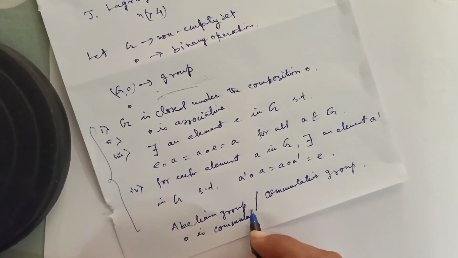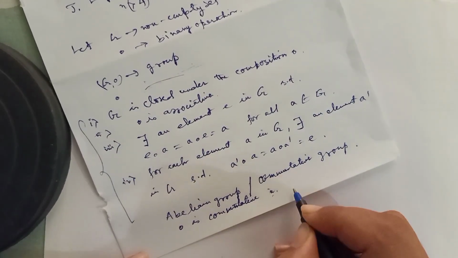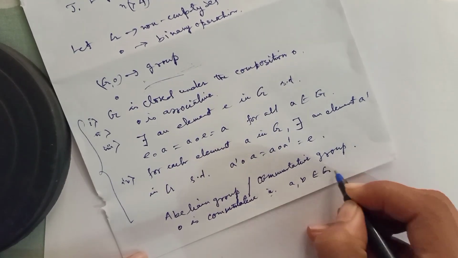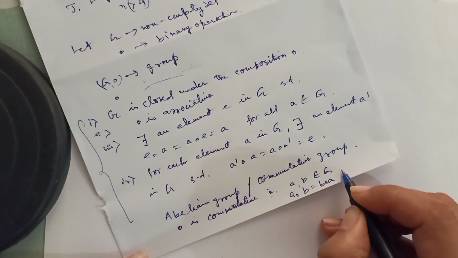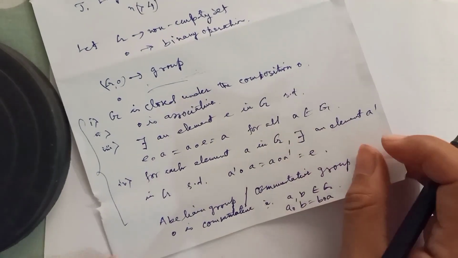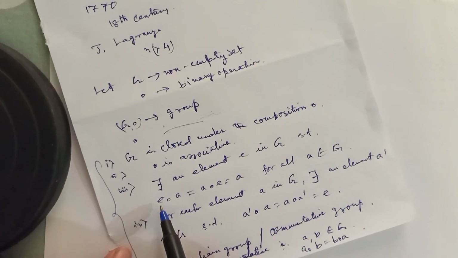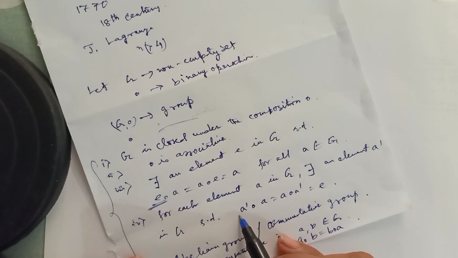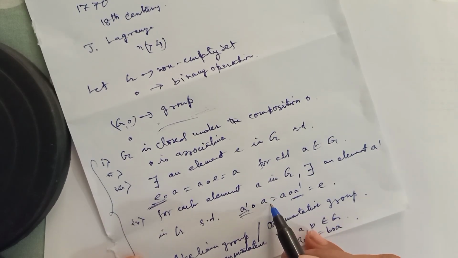That is, suppose A and B belong to G, then A compose B equals B compose A. Now this E is called the identity element, and this A dash is called the inverse element of A.